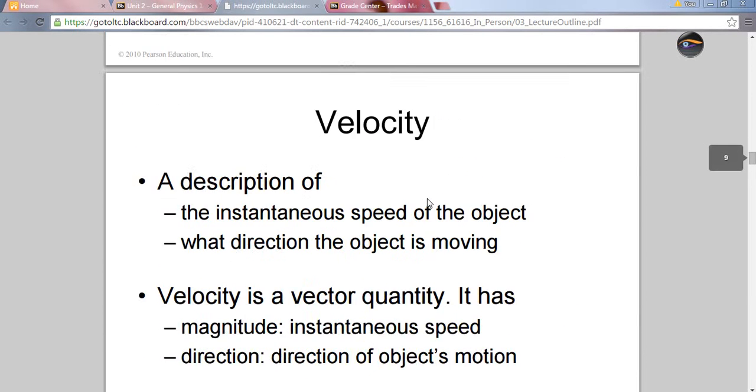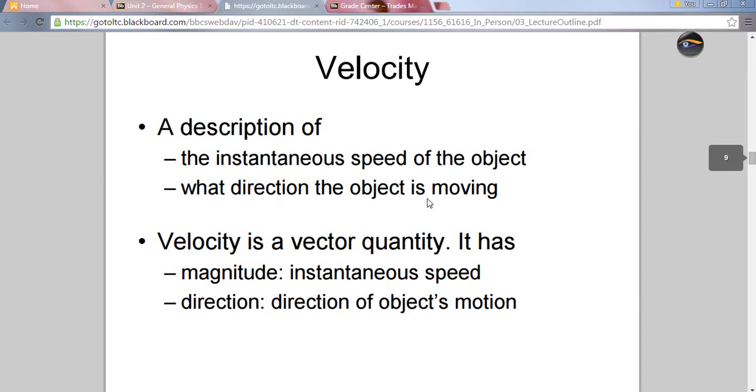Now, velocity is basically speed with the addition of which direction we're moving. So velocity is said to be what we call a vector quantity. A vector quantity always needs 2 things to fully explain what it is. And in this case, velocity needs to have a magnitude, which will be the value of speed, and it also has to have a direction.